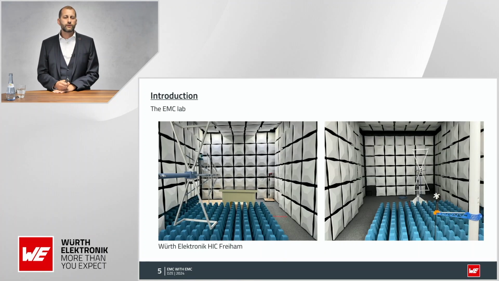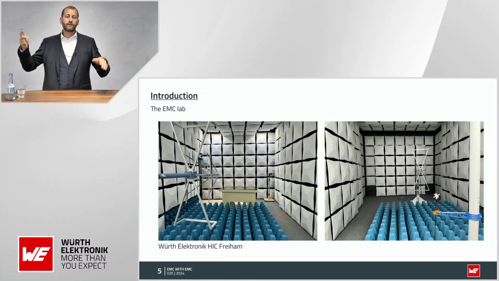What do we also need? Well, we need an EMC lab. Simply put, it's just a really big metallic case. And you stand in the middle, or in this case inside, and you are surrounded by ferrite sheets and absorber materials. Why? Well, you only want to see your application and not all the other electromagnetic waves due to radio or Wi-Fi.